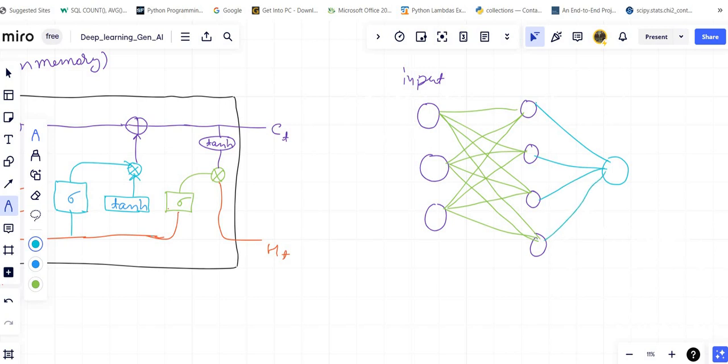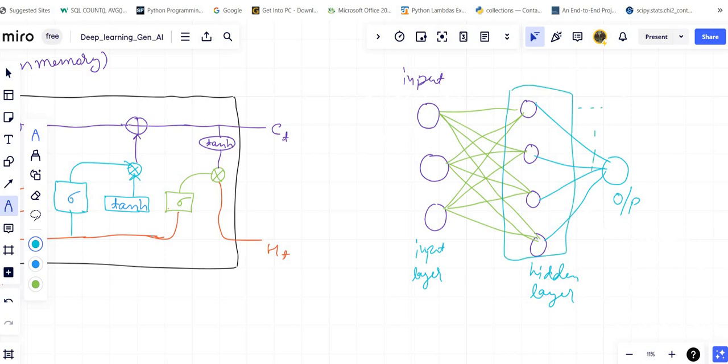This is called the input layer, this is called the hidden layer, and this is called the output layer. Now the hidden layer can be repeated any number of times; this entire part is one hidden layer.